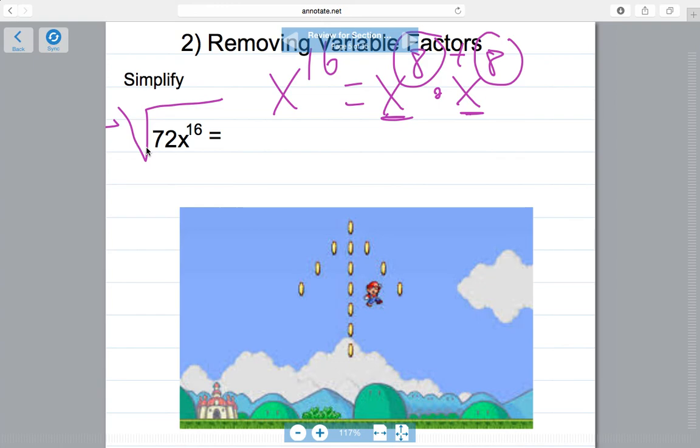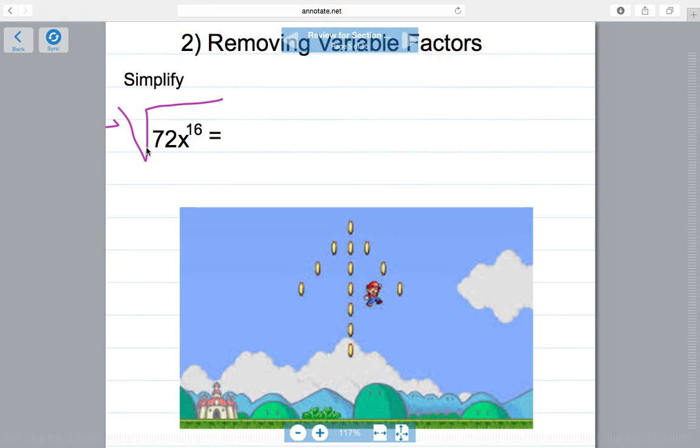So when you're thinking of square roots, you're thinking of what number do I multiply by itself to get me what's inside the radical. So in this case, let me just erase this. We'll start from the beginning. So 72 is 36 times 2, 36 being our perfect square.